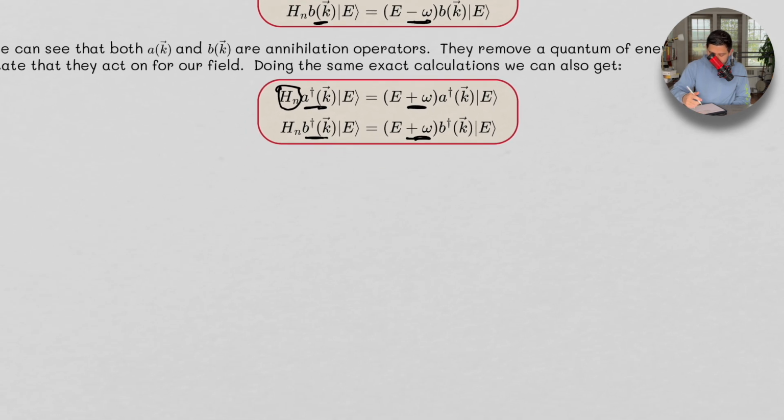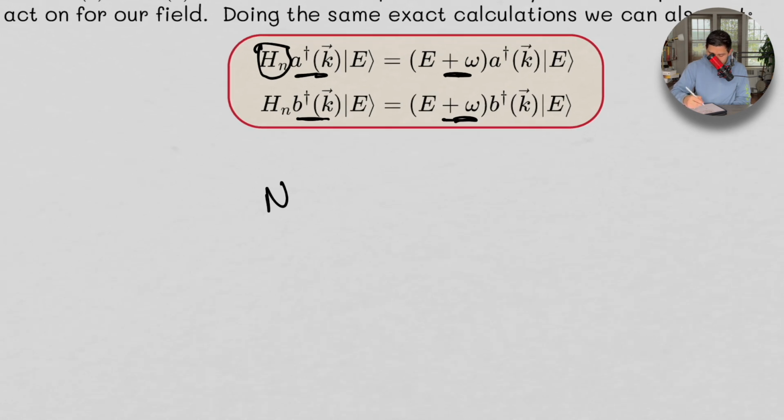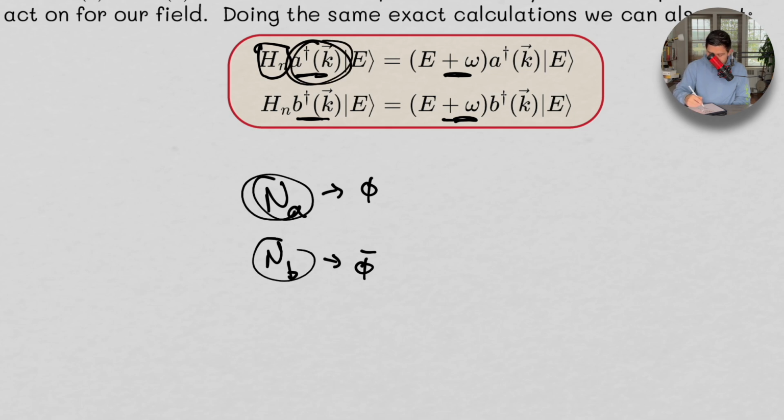What we're going to find later is that in the context of something called a number operator, N, for our A field, and N for our B field, where this is for our field, and this is for our complex conjugated field, when we have these things applied to these guys, we're going to be subtracting and adding particles into our volume.